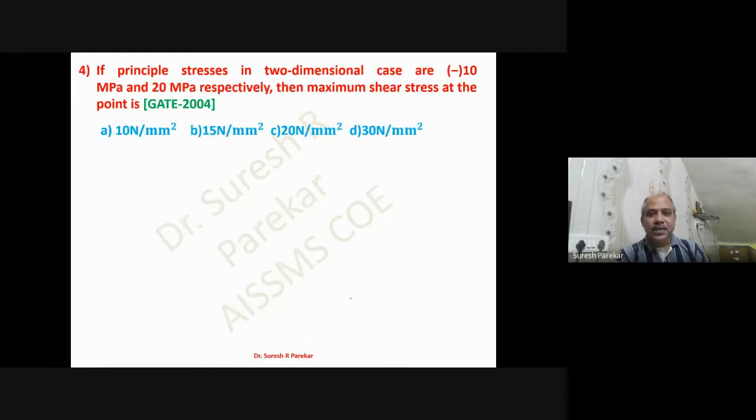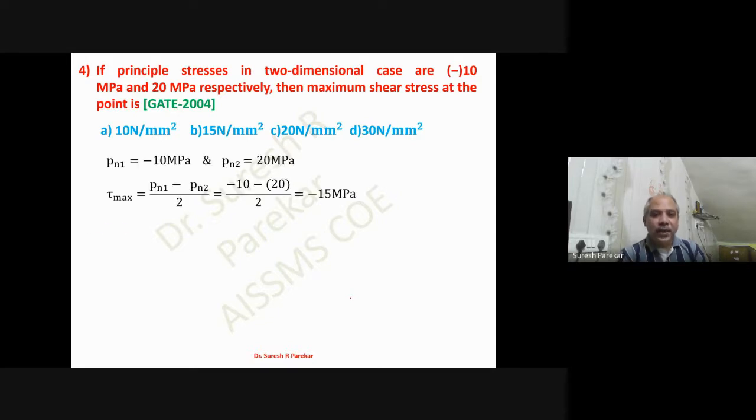Then if principal stresses in the two-dimensional case are minus 10 MPa and 20 MPa respectively, where minus 10 means compression and 20 means tension, what is the maximum shear stress at the point? We have given principal stresses, so minus 10 and 20. Magnitude is what was asked, so we have 20 plus 10, 30 by 2, 15.